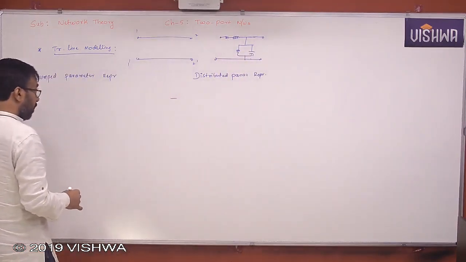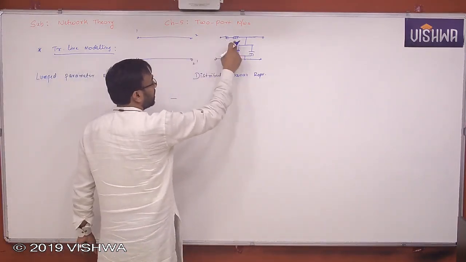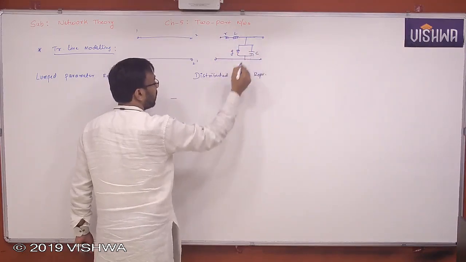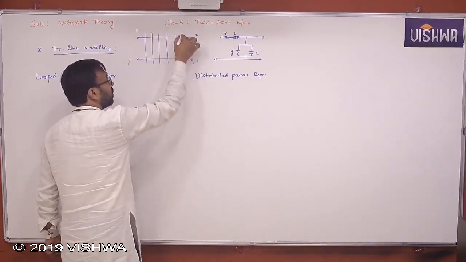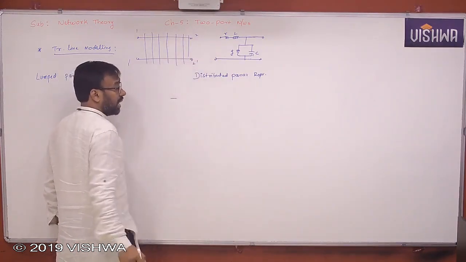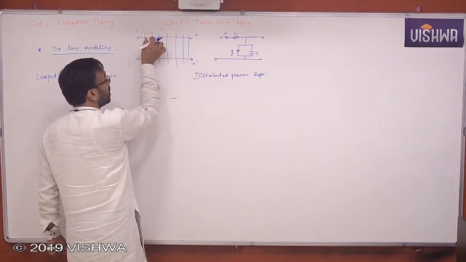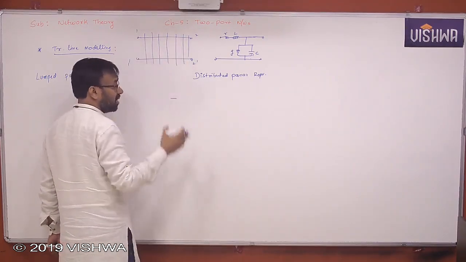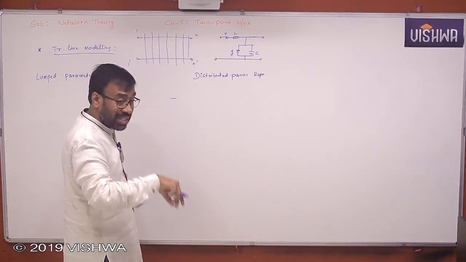Now, if I replace each transmission line by series elements R, L, and shunt elements G, C, then when I divide the network into different sections, I can model each transmission line, because this is one small transmission line, this is another small transmission line. Like that, a big transmission line is divided into small pieces, and each small piece is regarded as a transmission line again.